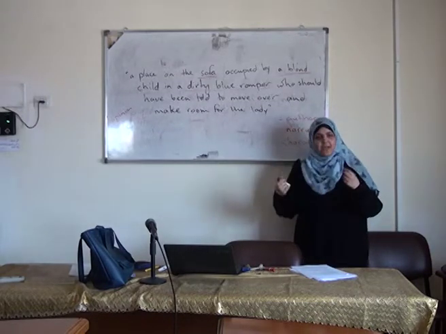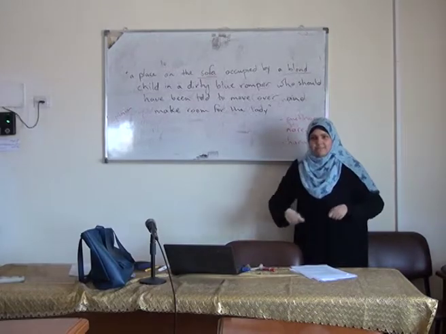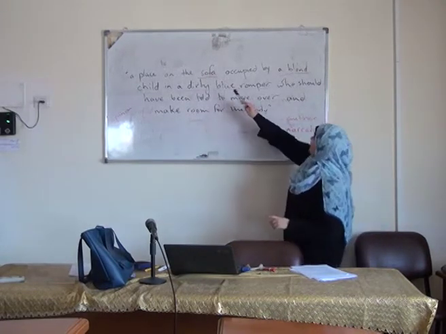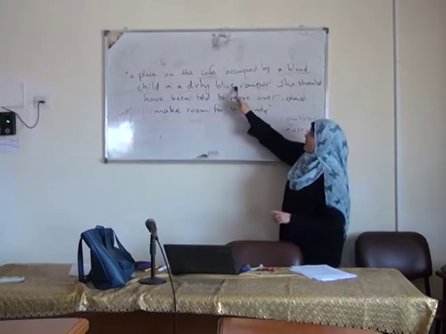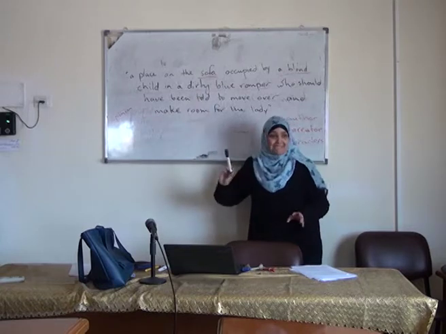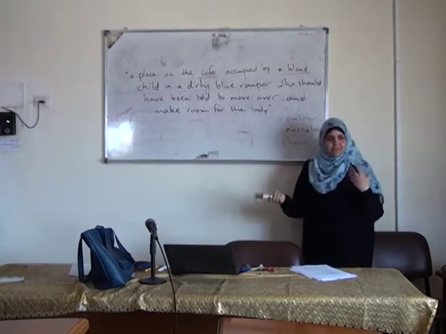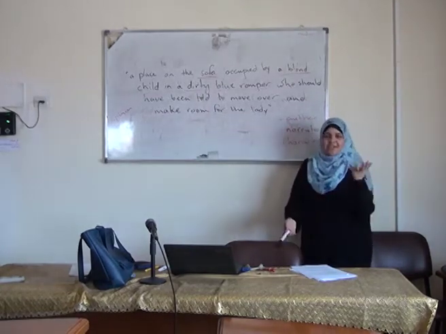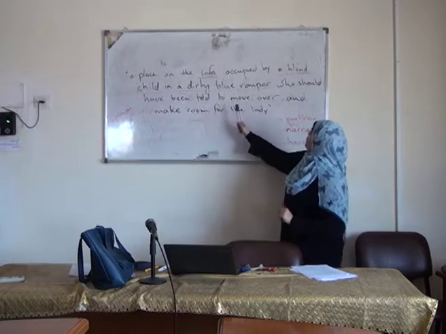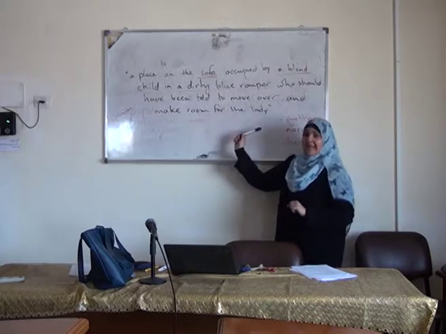Romper is like a garment with one piece. Okay? Not jeans and t-shirt, it's one piece. A dirty blue romper. We know that the romper is blue. Not only blue, but it's also dirty. So we get the impression, and we get a lot of connotations about the child, who should have been told to move over and make room for the lady.